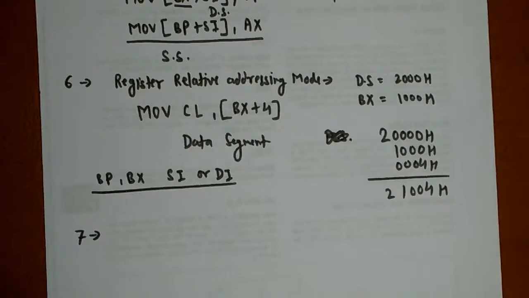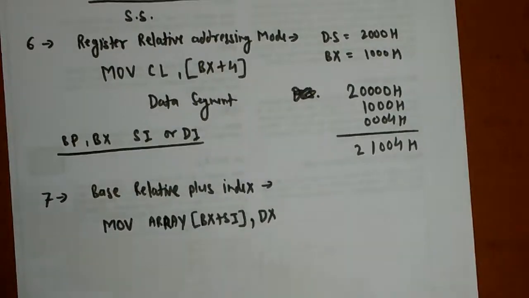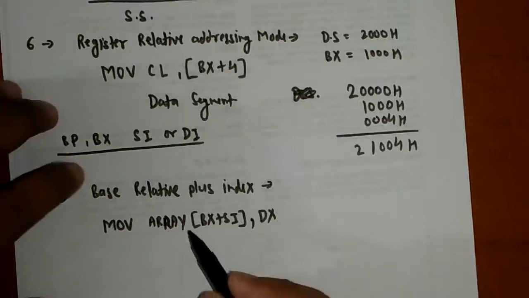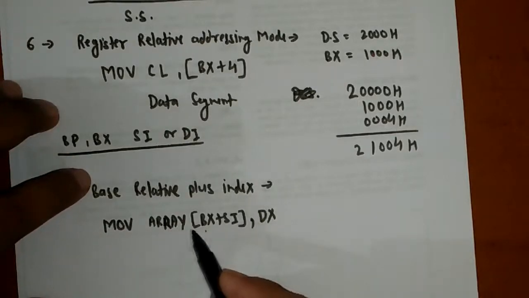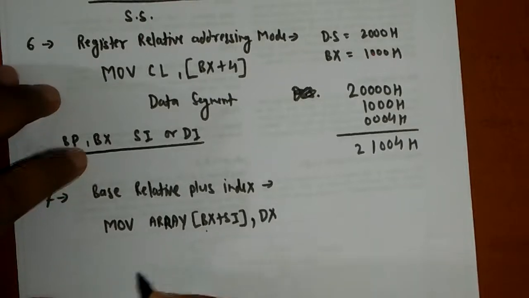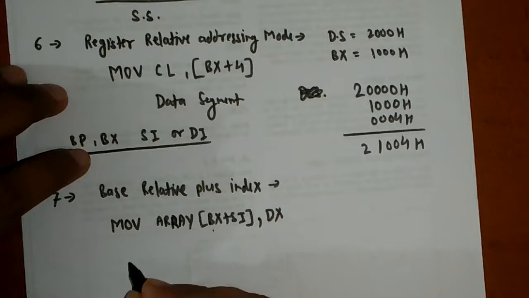Next addressing mode is base relative plus index addressing mode. This type of instruction we will encounter in this addressing mode, where there will be a base, there will be an index, and there will be a relative distance also. So here array is a memory location; array is a label of a memory location.